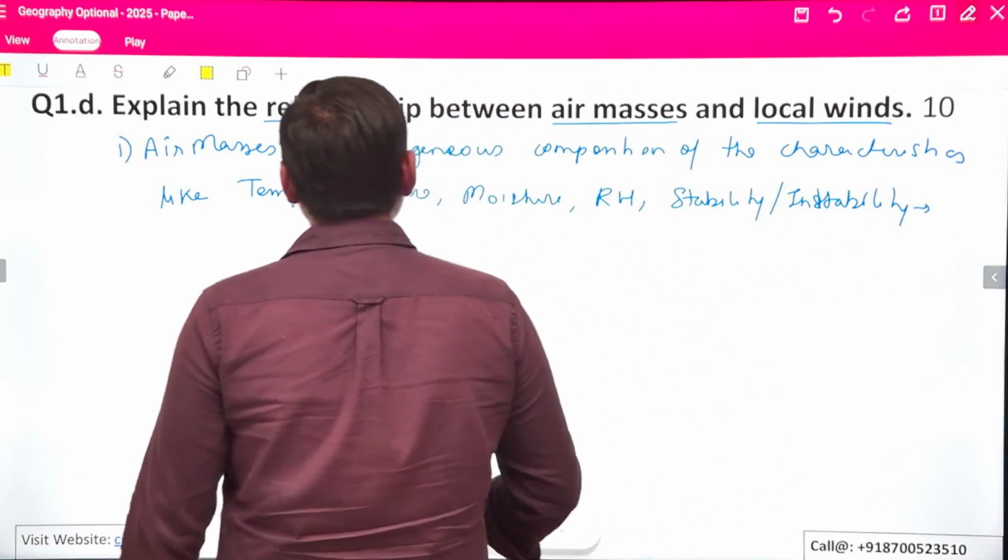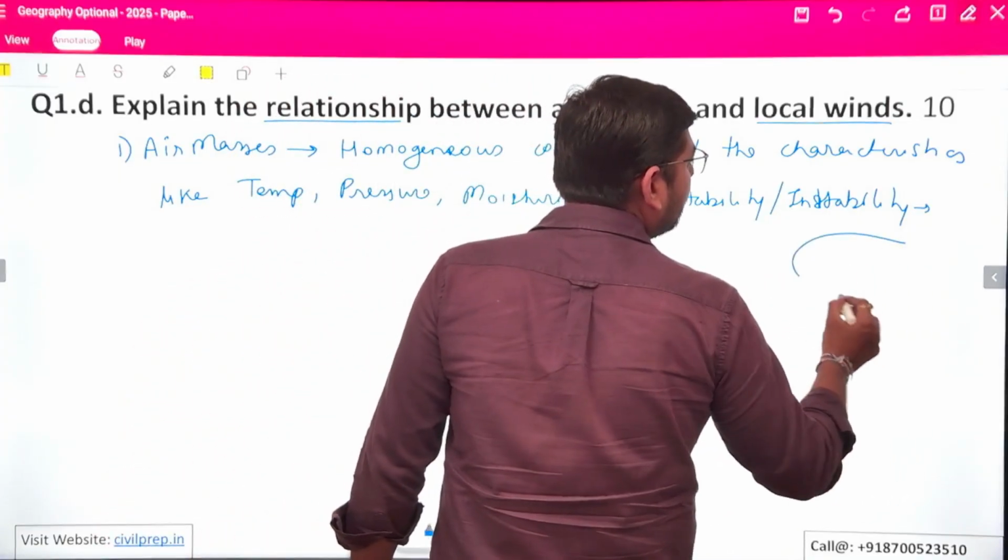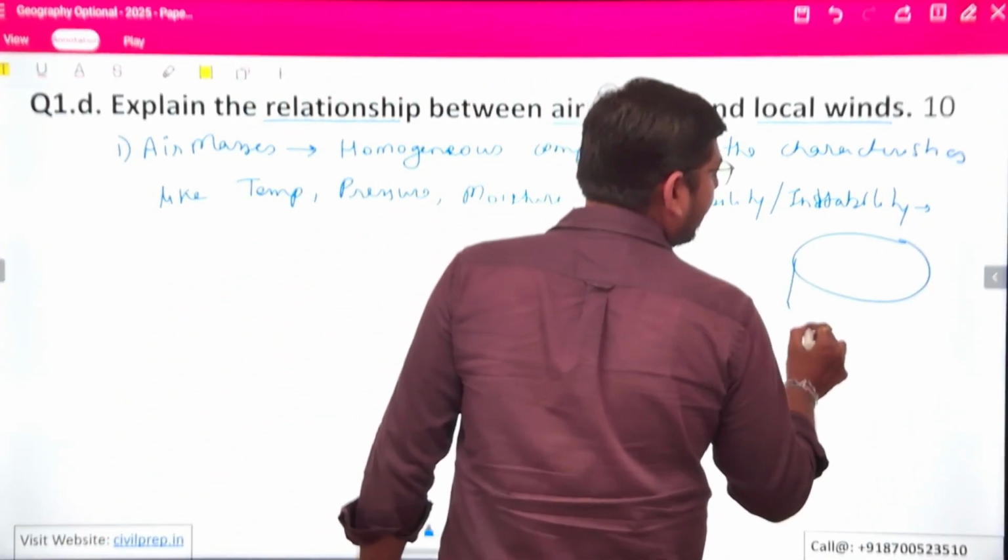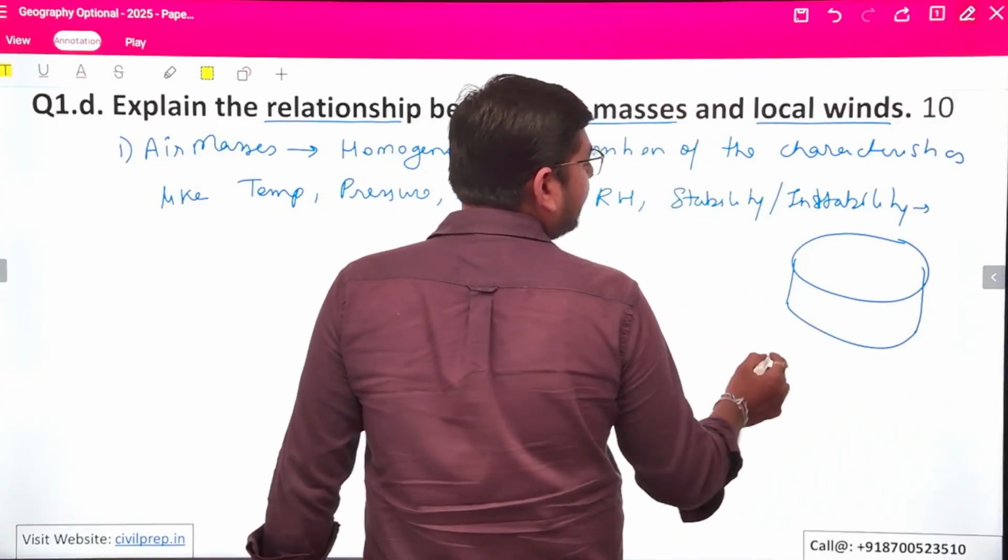So we see that these conditions are prevalent over a certain region. This will result in the development of an air mass.